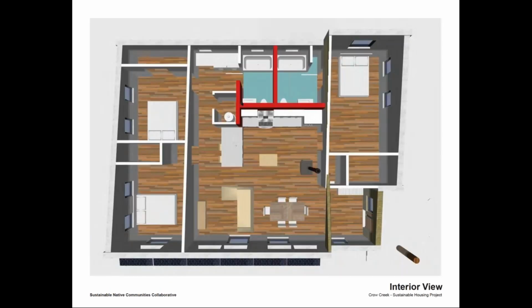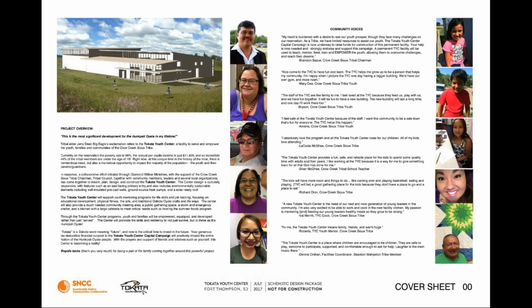Just some typical renderings: the south elevation, the interior view, the floor plan. It's a 3-bedroom home, around 1,200 to 1,300 square feet. You can see the dense, compact core, so that skilled labor is there for a shorter period of time, trying to keep that core compact.